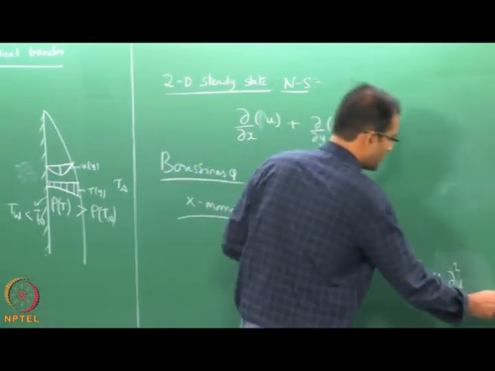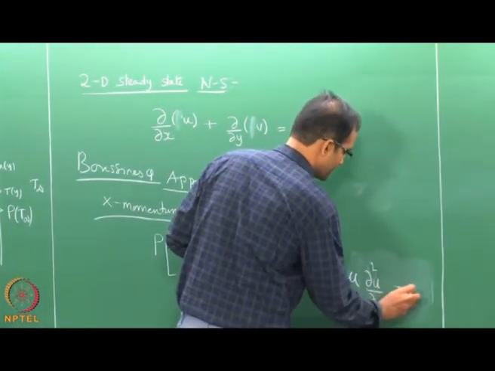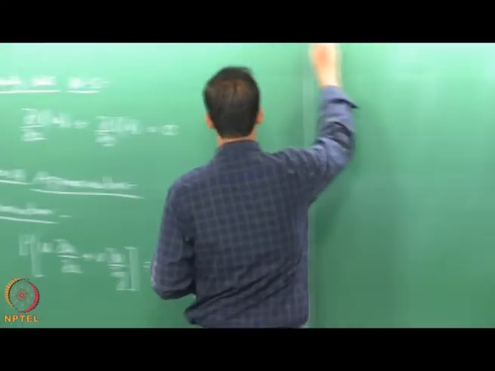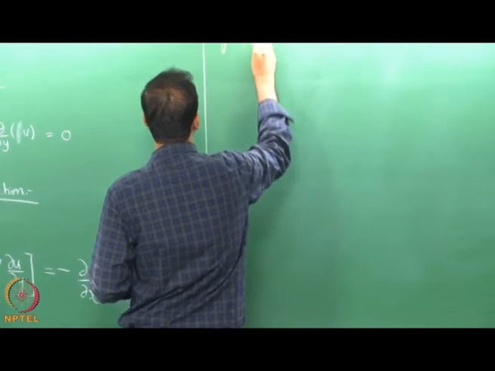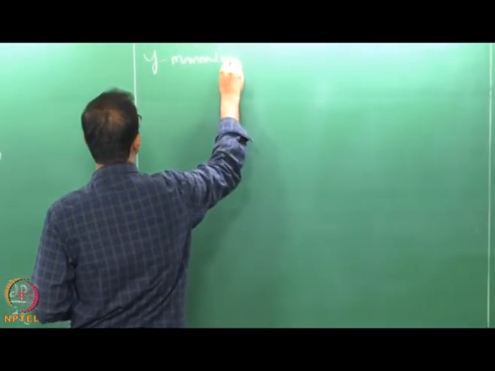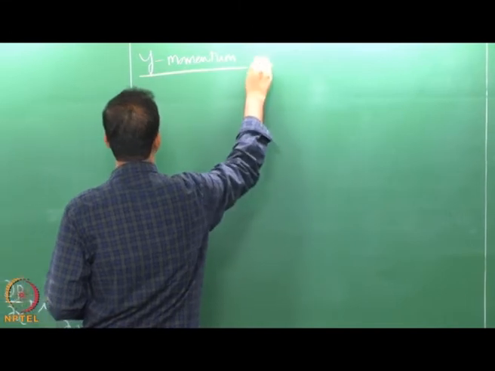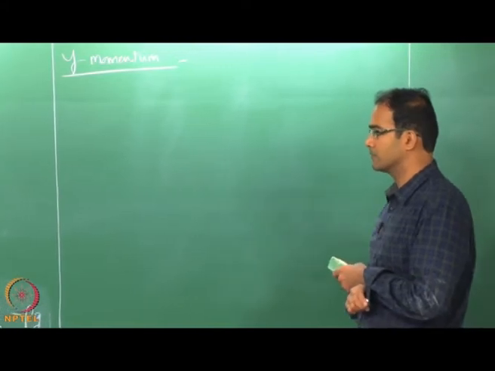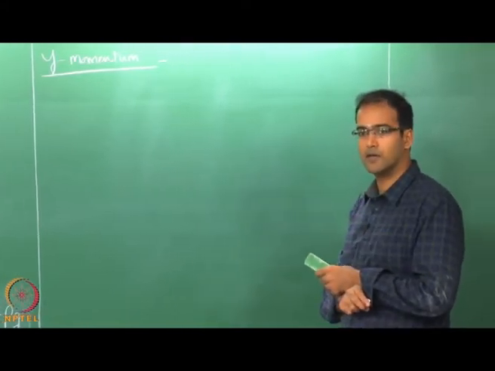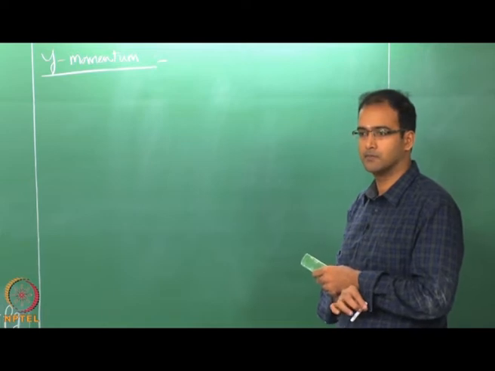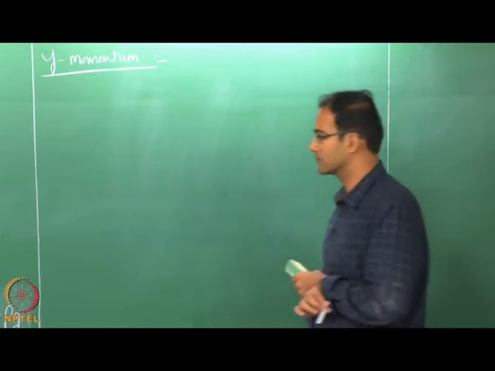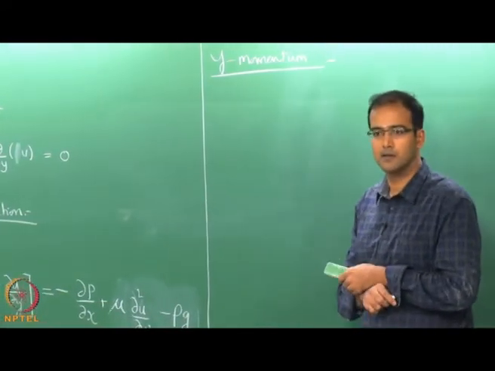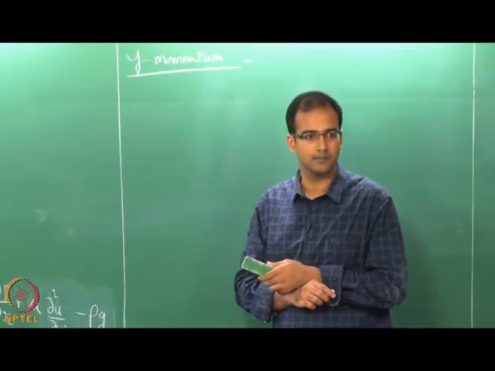Can you write down the y momentum similarly? So, what do we have for the convective terms in the y momentum? u dv by dx plus v dv by dy, but we do not have any v velocity in this case.